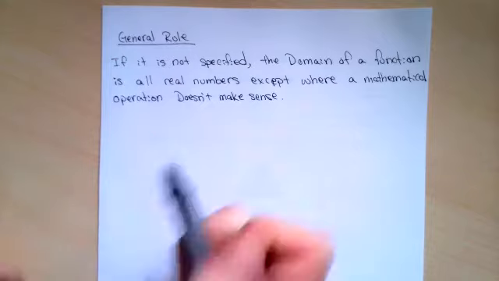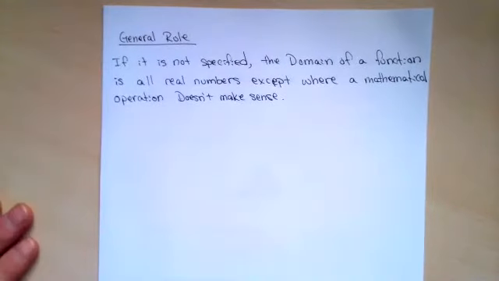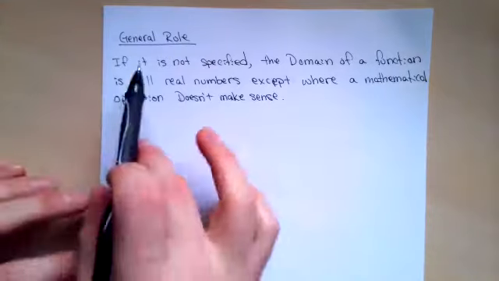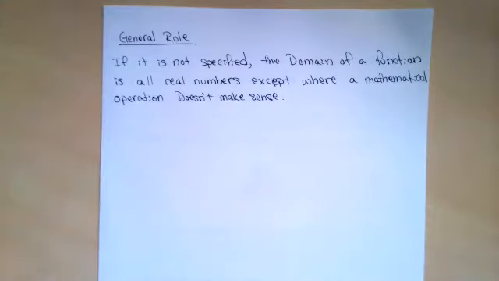So we'll see a little bit more about what I mean by if it is not specified. This will come up in piecewise functions, where piecewise functions in some sense are kind of just a collection of functions that we stick together. And on each piece, we specify a specific domain. Because I can always shrink the domain of a function and say, well, I only want to look at the function on specific values.